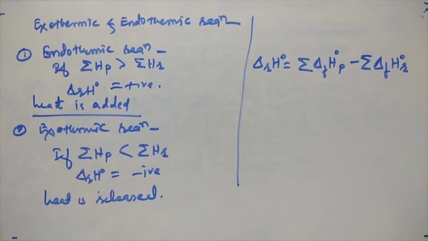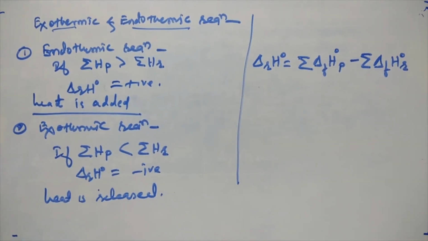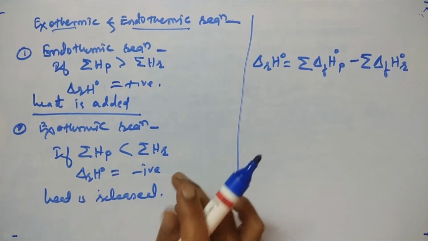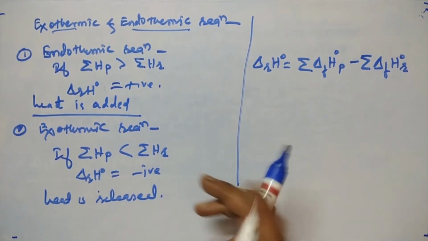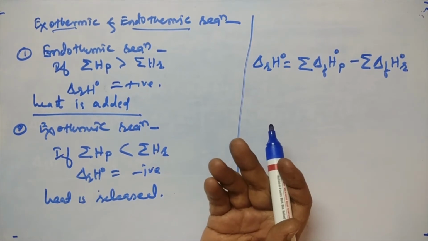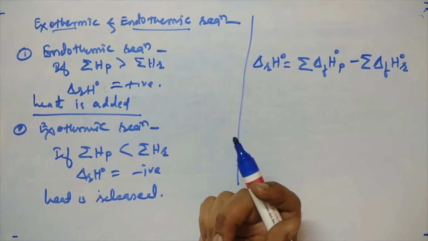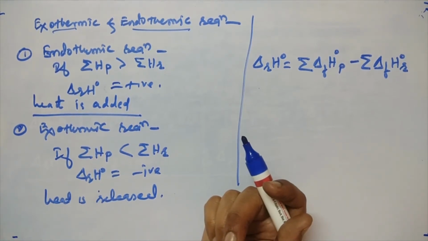Now see the exothermic and endothermic reactions. As you know, exothermic reactions are those reactions in which heat is given out. Endothermic reactions are those in which heat is absorbed or added to the system.